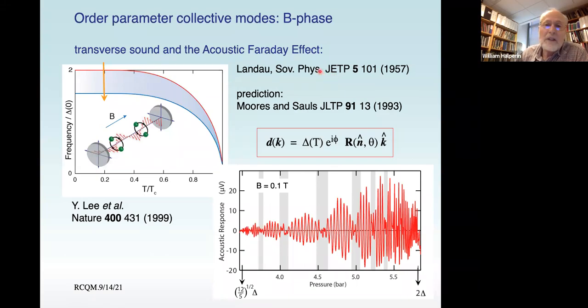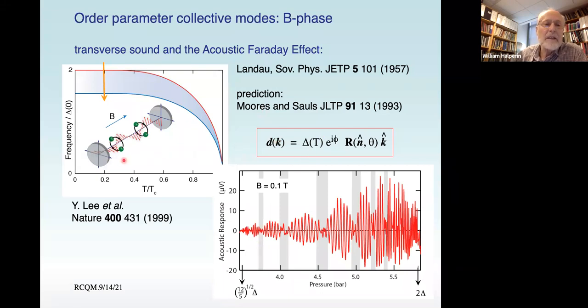Both of these statements should be of some surprise to you, because liquids, and especially superfluids, cannot support shear, so there can't be transverse sound. But in fact, the predictions are based on the excitations of the normal Fermi liquid in this case, and here for the superfluid. And without much more ado, we discovered this transverse sound as predicted by Moores and Sauls.